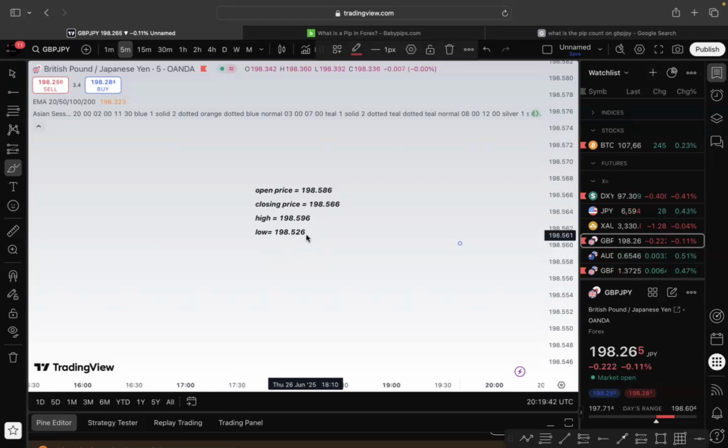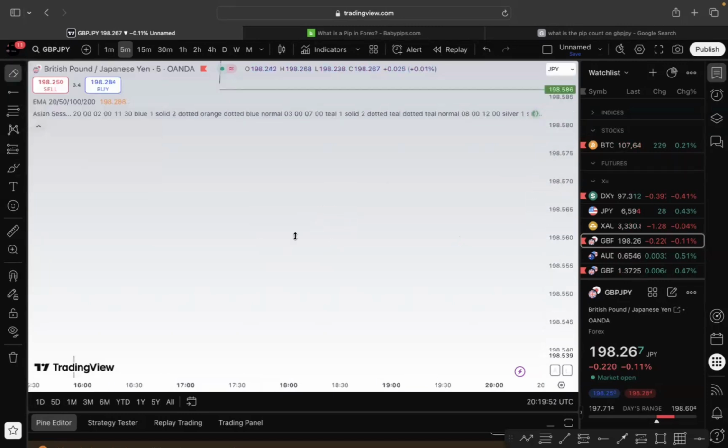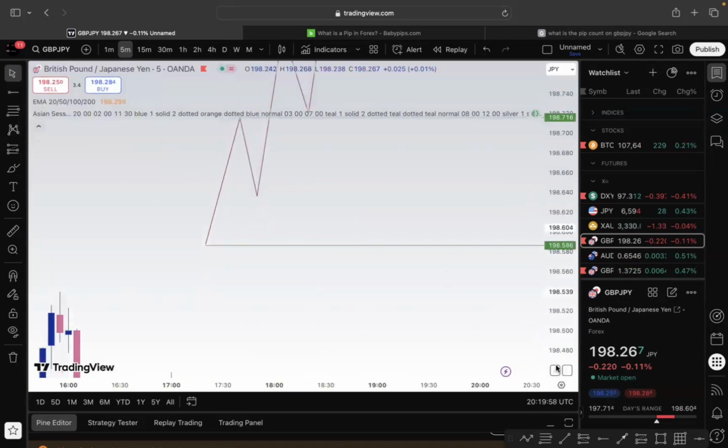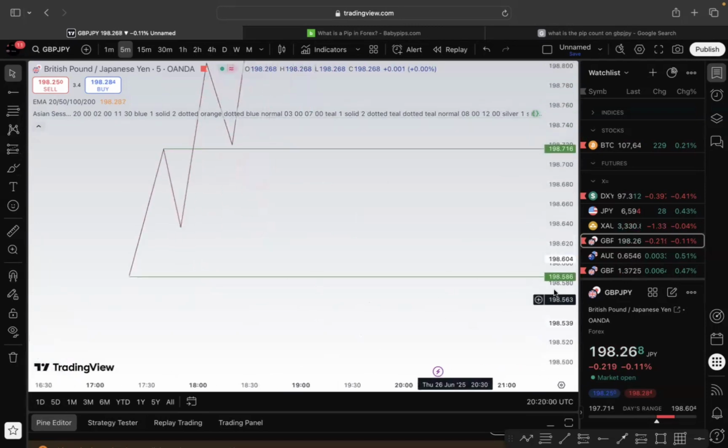Now like I was saying, let's make it a little bit more complex, and let's use the values from here. Let's look at these two values: the 198.586 and the 198.716. So now this will be a little bit complex.